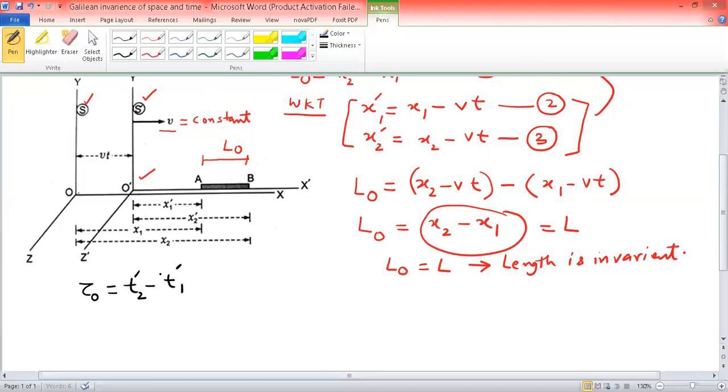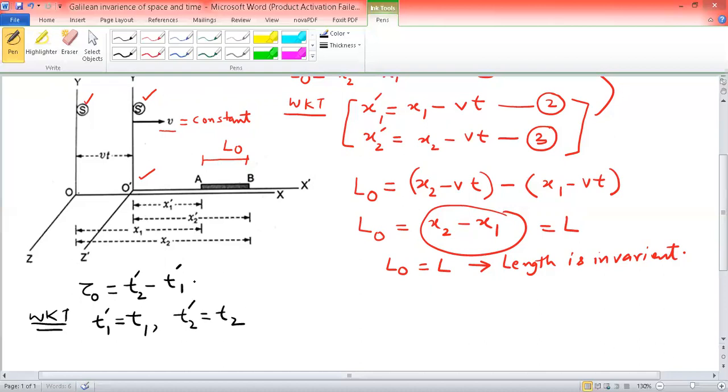Then suppose that the observer of frame S records the times of occurrence of these two flashes as t1 and t2. According to Galilean transformations, we have already proved in our previous lectures that t1 prime is equal to t1 and t2 prime is equal to t2.